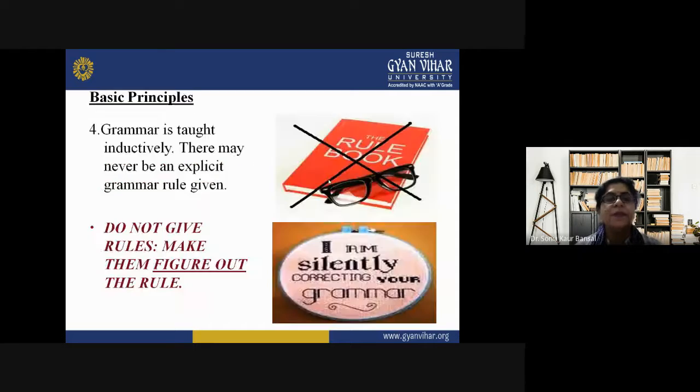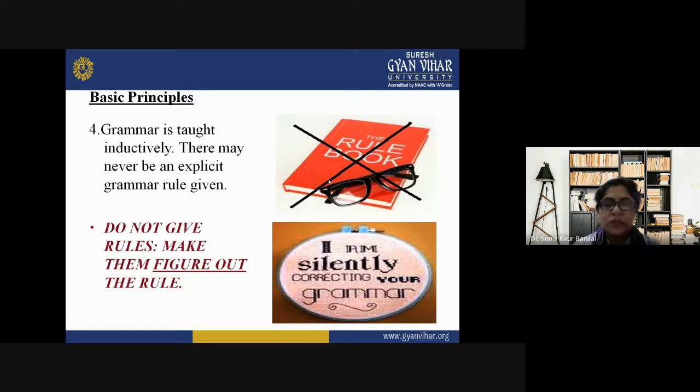Third principle. Now the fourth is that grammar is taught inductively. Yes, inductively, in that manner that we give the example first, and we do not give the rule first. When we go deductive, it is the rule first and then the example later on.